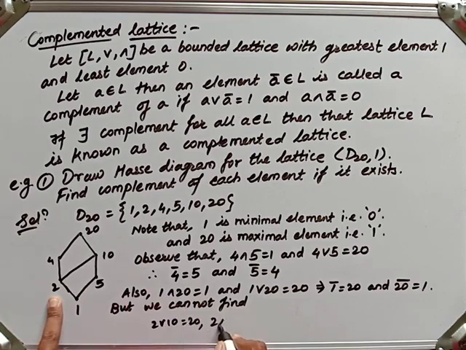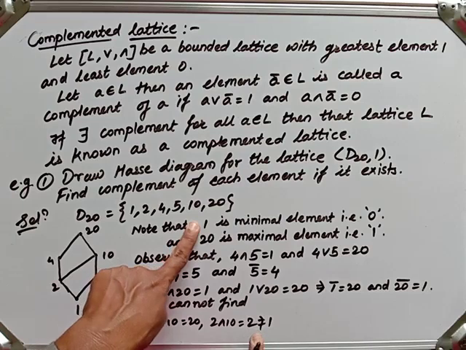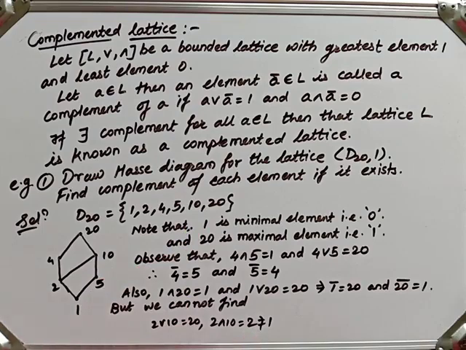And what is 2 meet 10? It will be 2, it won't be 1. So we won't get 0, which is 1 here; we will get 2 there. So that's why it doesn't have a complement.